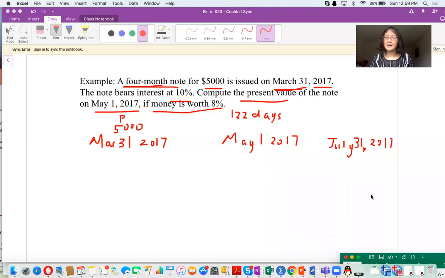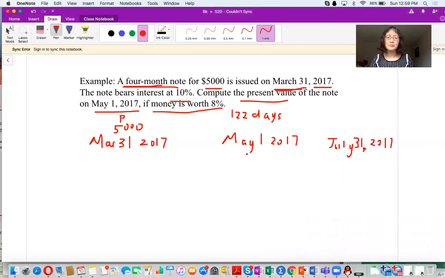All right, let's go back to this diagram. Similarly, you can count how many days from May 1st to July 31st. There are 91 days between May 1st and July 31st. Those are the dates. I will rearrange my numbers here.